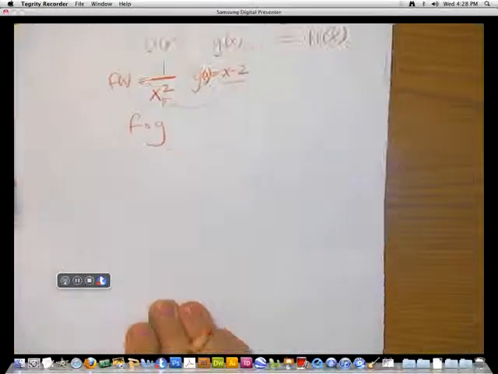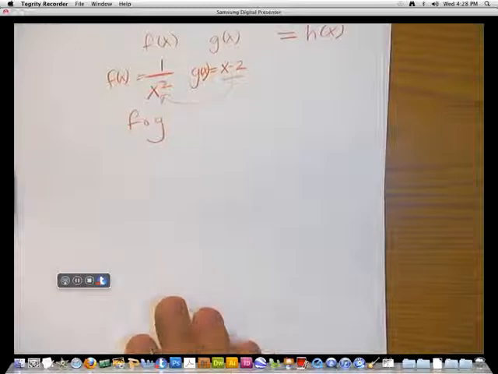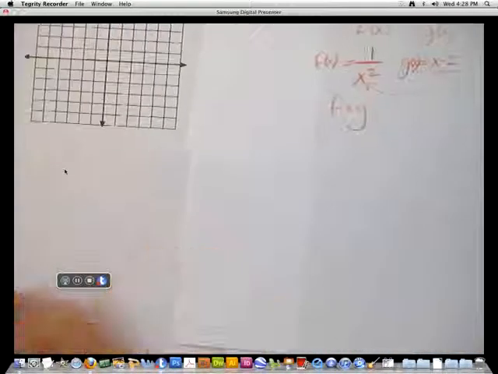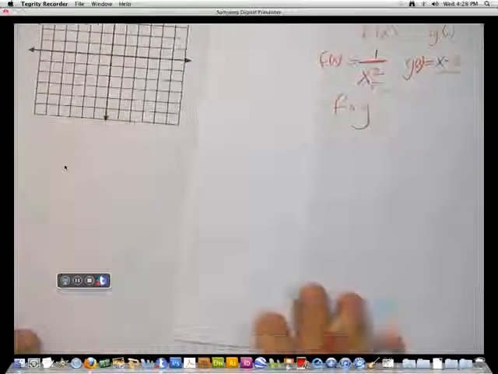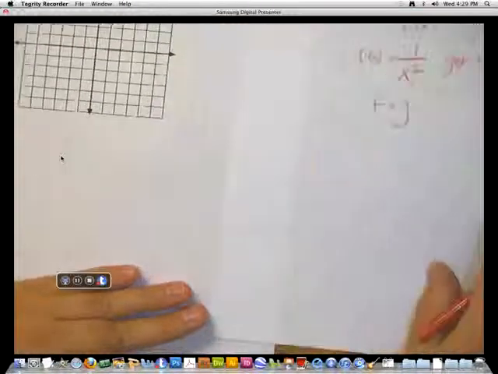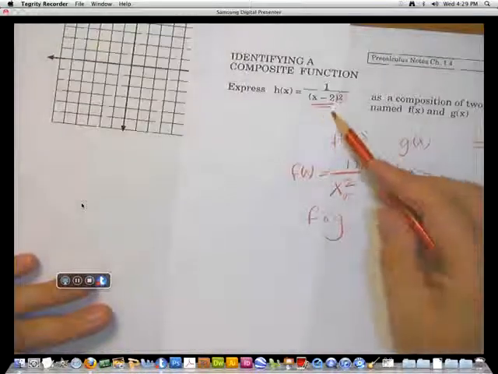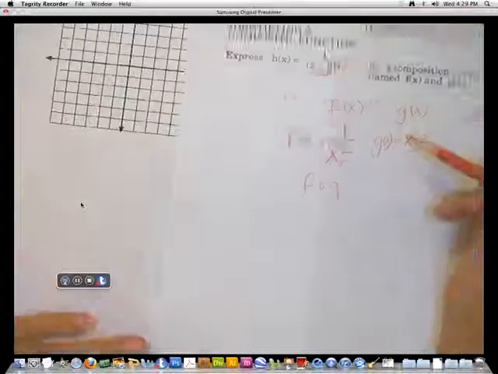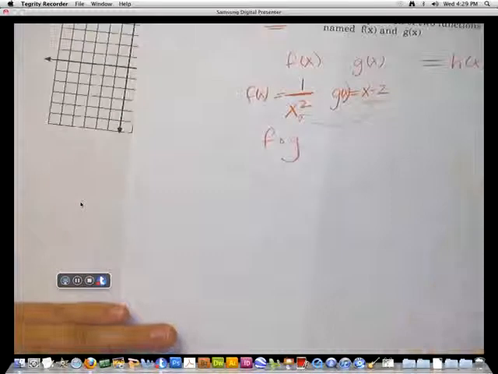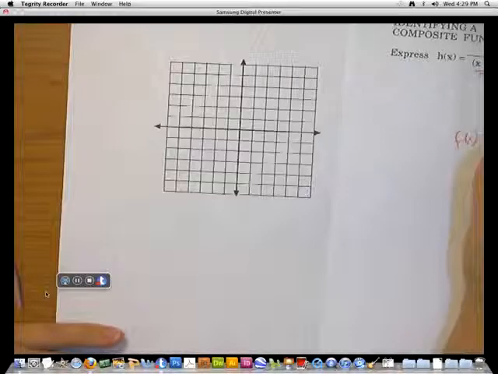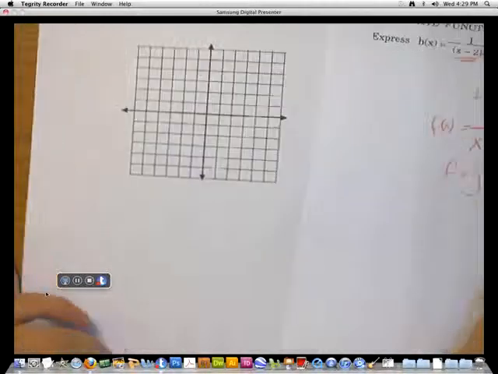Now on the other page, they have a graph up here, and the graph is just to show you that h of x has this graph does have a domain restriction, and that domain restriction is going to be at 2.